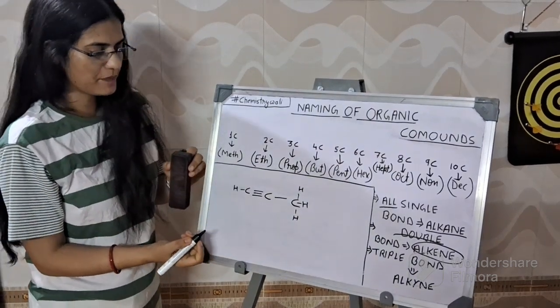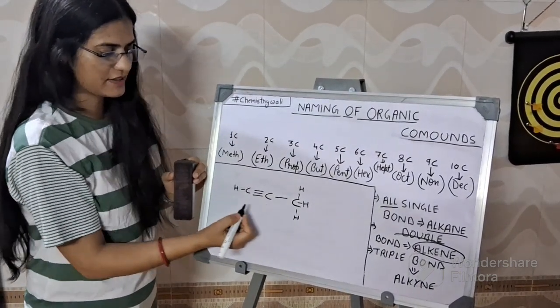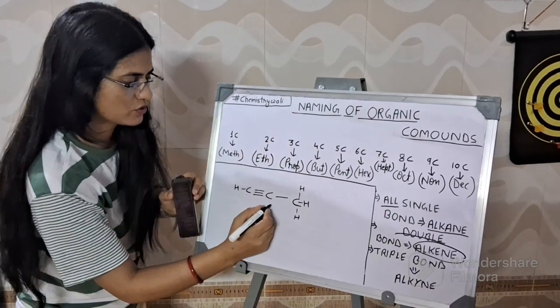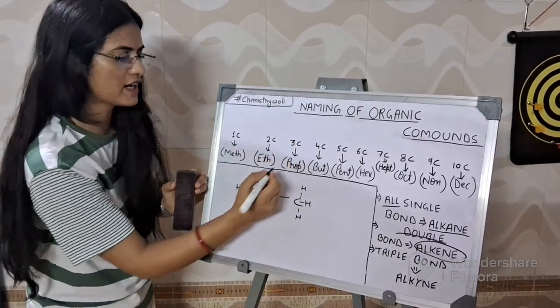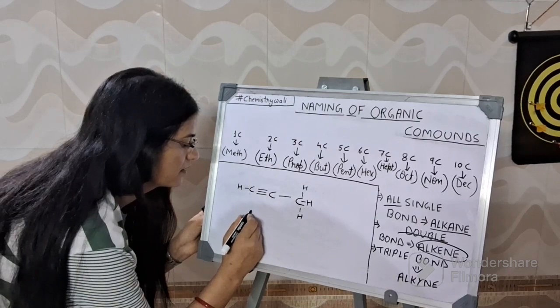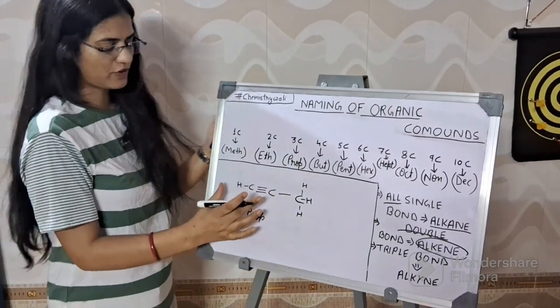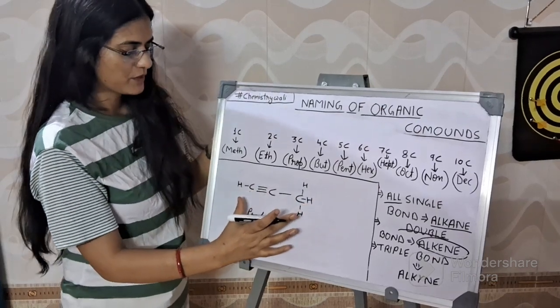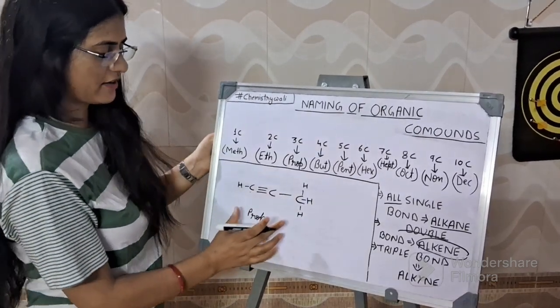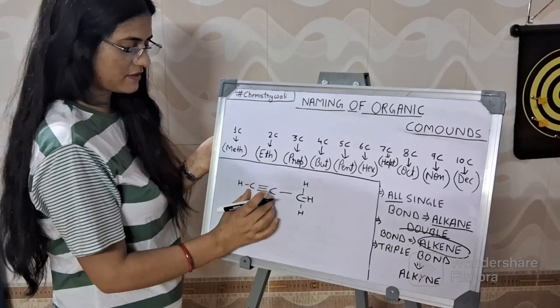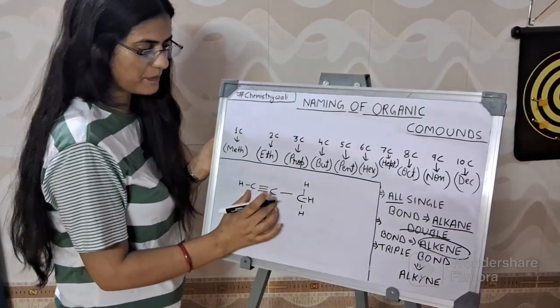Now you will see in the compound 3 carbons are there. 1, 2, 3. For 3 carbons we are using prop. So 3 carbons are here, but between 2 carbons you will see a triple bond is there.